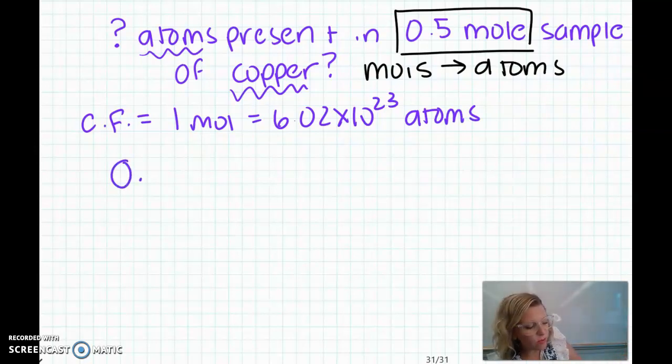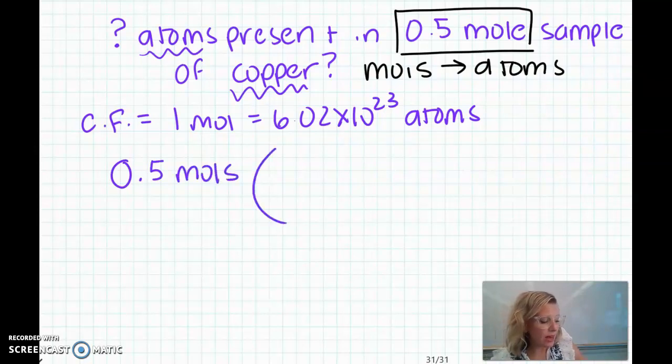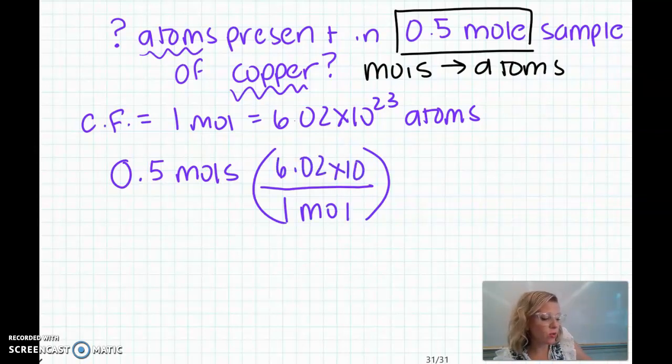I have 0.5 moles, and I want to know how many atoms are present. So we want moles to cancel. 1 mole goes on the bottom, and 6.02 times 10 to the 23rd atoms is up top.